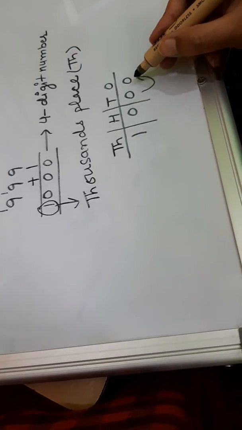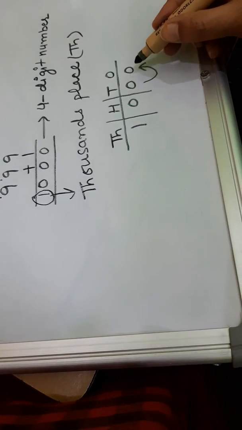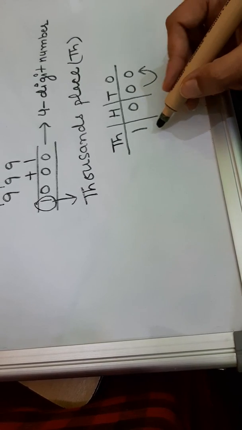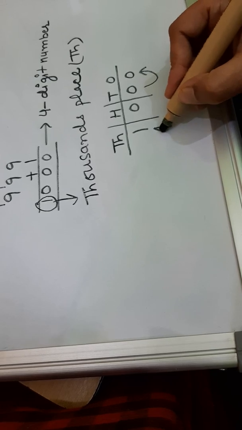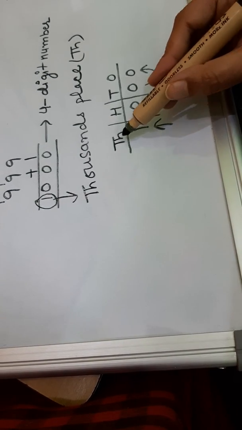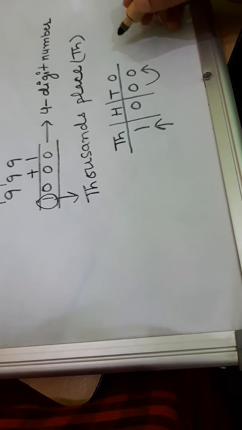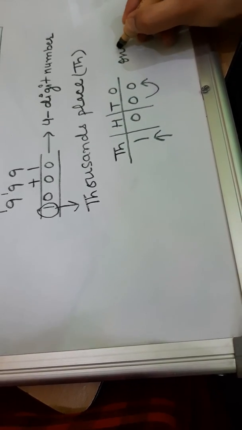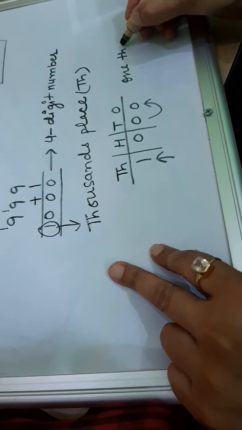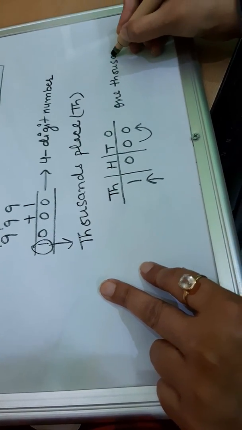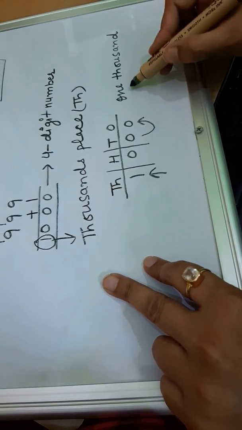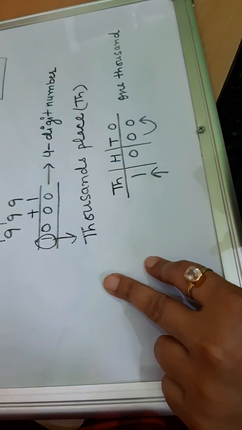But because here the digits are 0, we are not going to consider all these 3 digits. We are going directly to come to 1 and read it as 1000. So what would be its number name? 1000. Okay, this is the number and this is its number name.